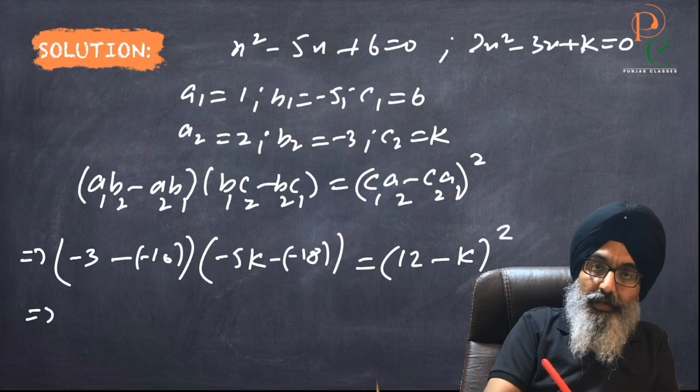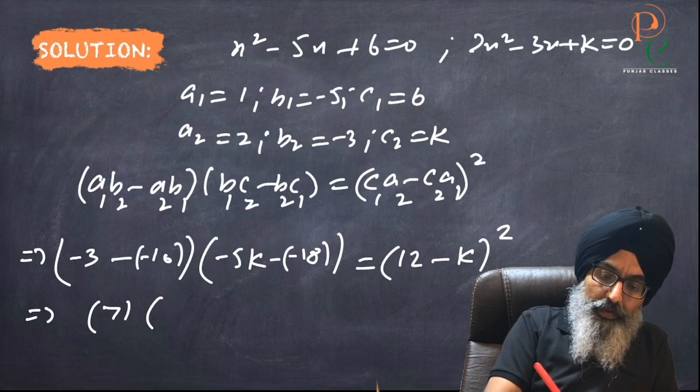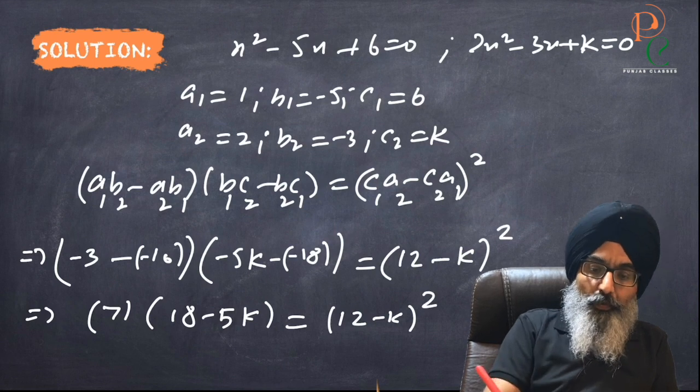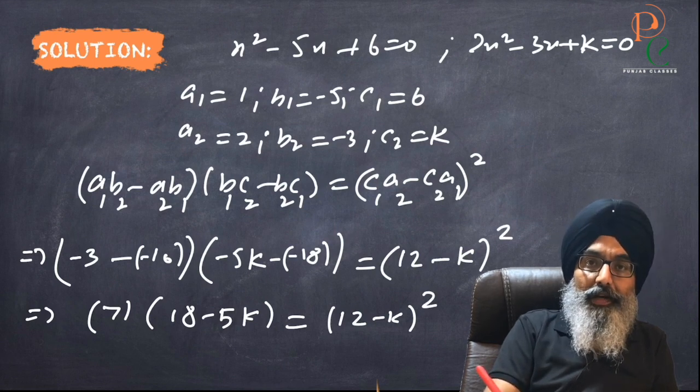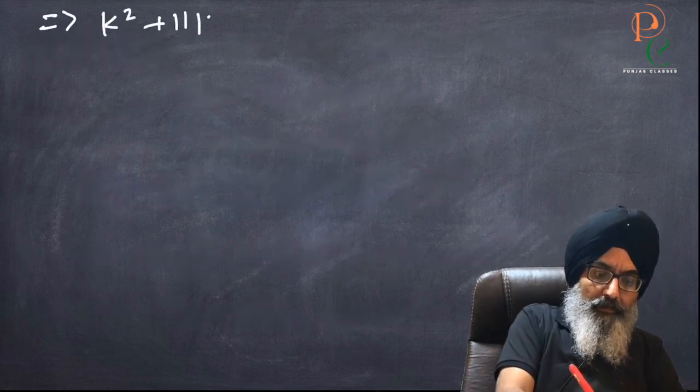Let's simplify the terms a little bit. It becomes 7 into (18 minus 5k) equals (12 minus k) whole square. So we get a quadratic equation in k. Let's simplify this equation. The equation in k reduces to k square plus 11k plus 18 equals 0.